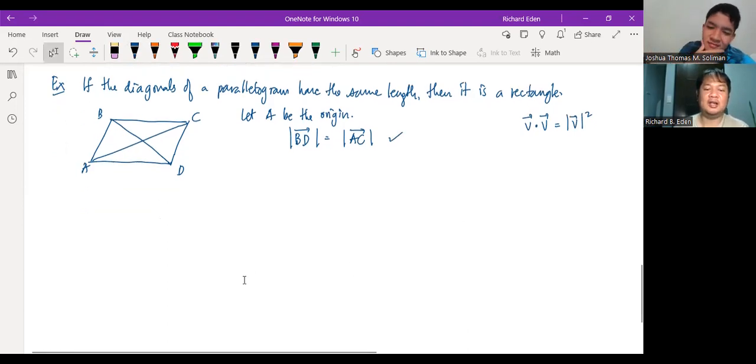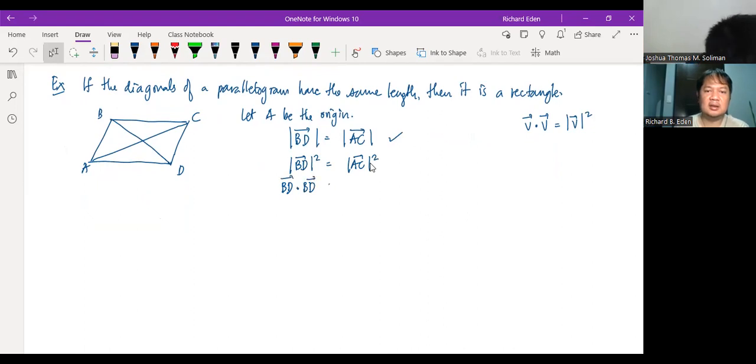So if you square, then that means we can write dot products all throughout. So BD squared equals AC squared. So in other words, BD dot BD is equal to AC dot AC.